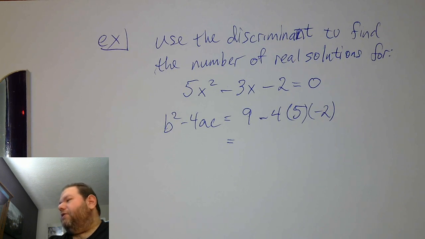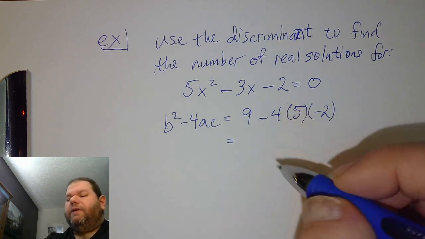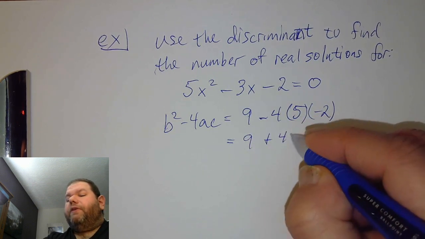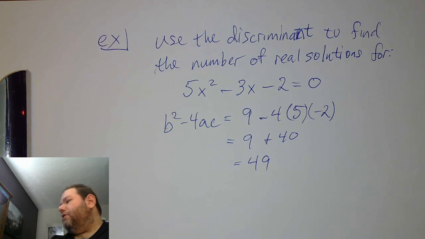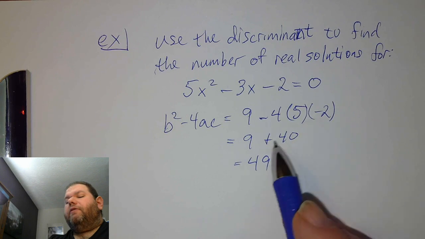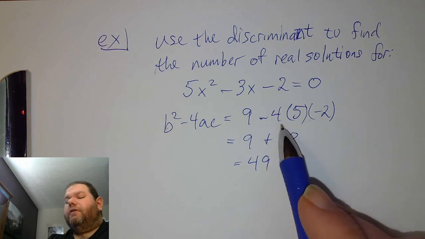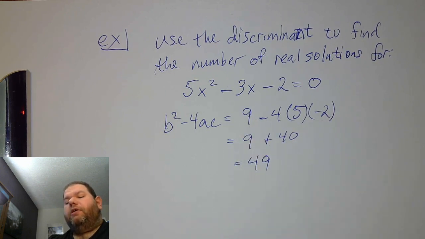We're still learning. Some of you have part of the answer. I mean, when we combine everything here together. 49, yes. This ends up being 9 plus 40, which gives us a value of 49. Yeah, we get two negatives here, which results in a positive. Negative and negative, positive. 4 times 5 is 20. Times 2 is 40. So 9 plus 40, that gives us 49.